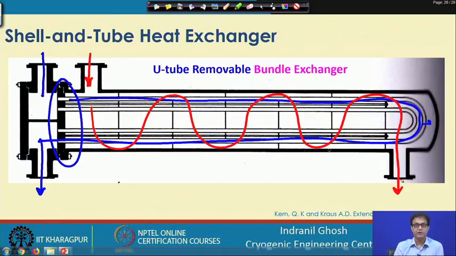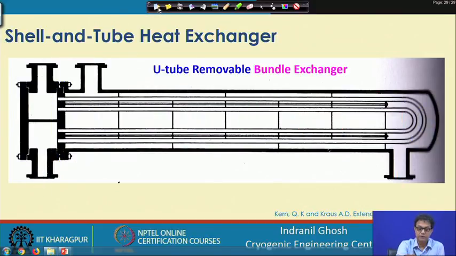But the disadvantage of this particular type of heat exchanger is that if there is any kind of fouling occurring inside the tube, we are not in a position to clean it. So, that is the disadvantage with this particular type of heat exchanger.